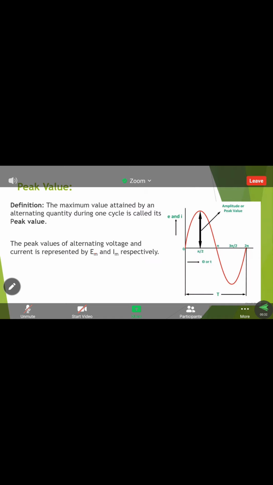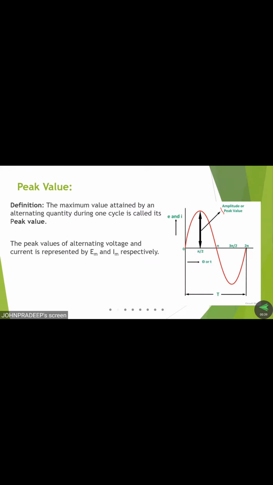Right. So amplitude and peak value is the same. Amplitude or peak value, both are the same. Whenever the waveform, half cycle or full cycle, attains the maximum value when we compare with the 0 position, it reaches the highest value. So this highest position will be called the amplitude or peak value.